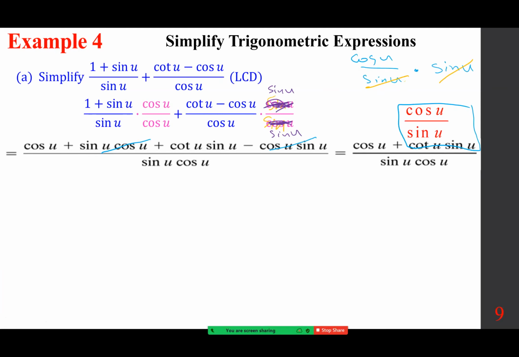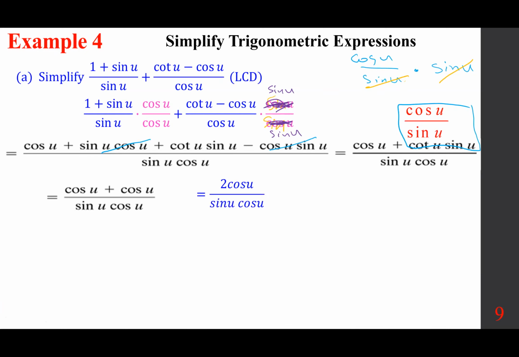So you have cosine u plus cosine u, or 2 cosine u in the numerator. You can drop the cosine u, and since 1 over sine u is secant u, this is 2 secant u. That's the simplified version.